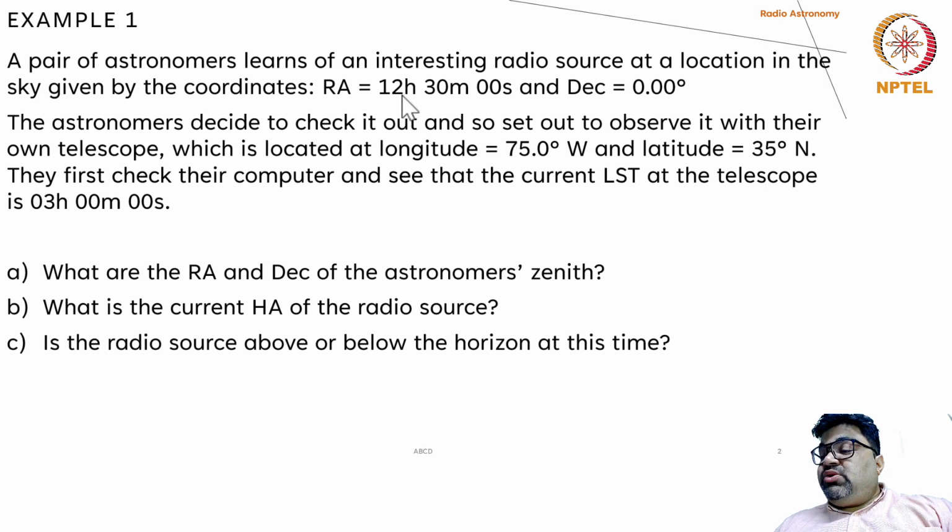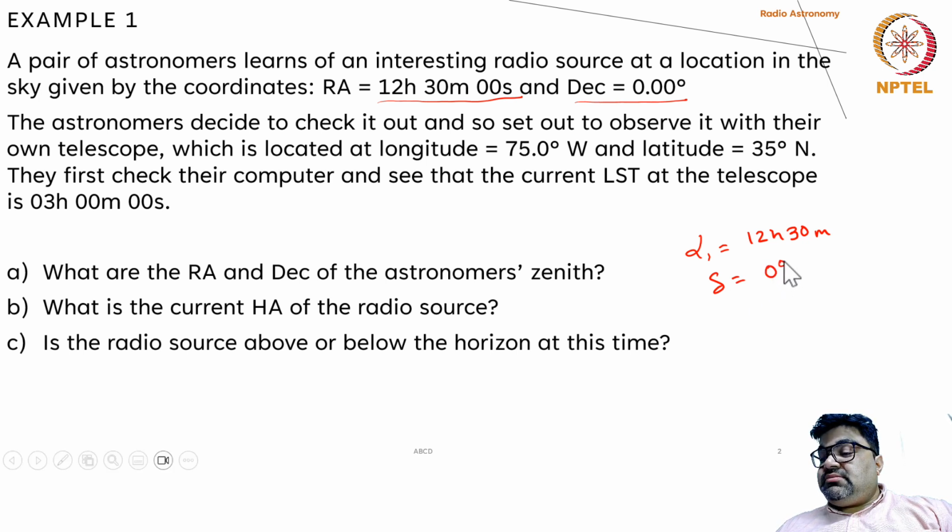We have a source whose RA is 12 hours 30 minutes and declination is 0. So alpha is 12 hours 30 minutes and delta is 0.